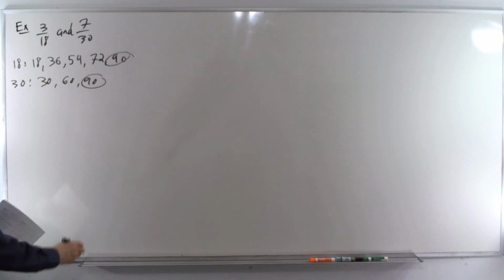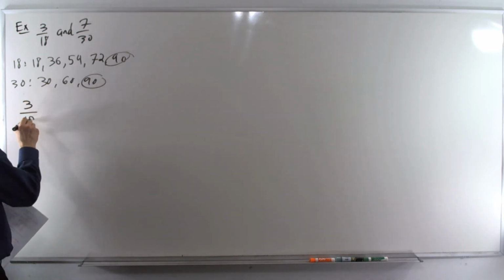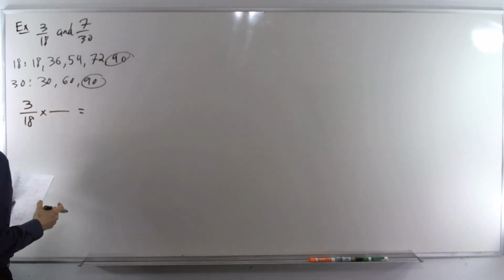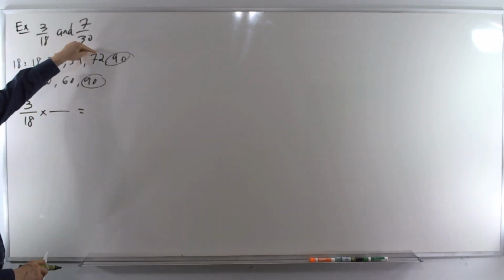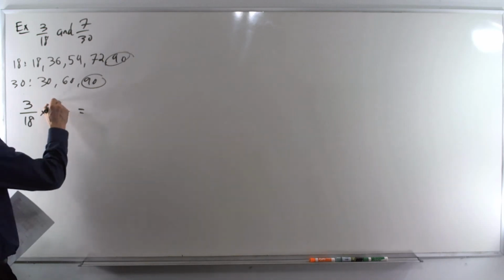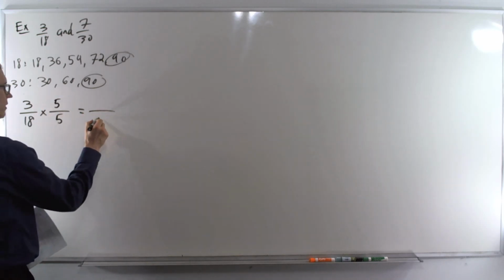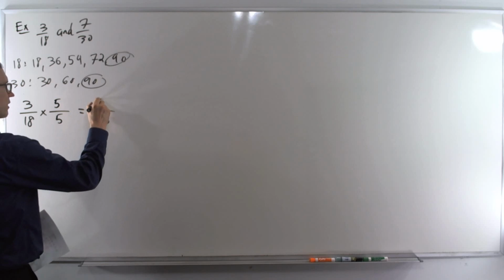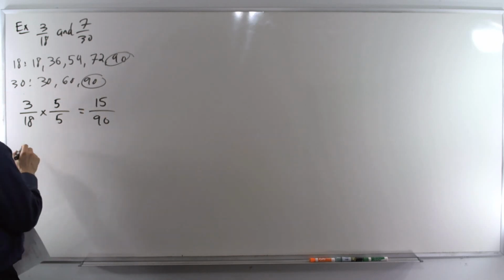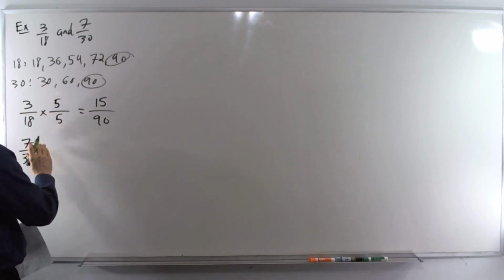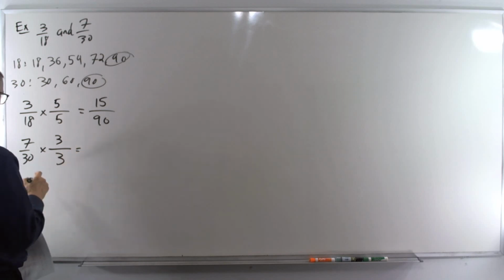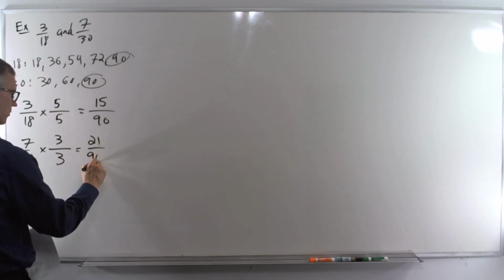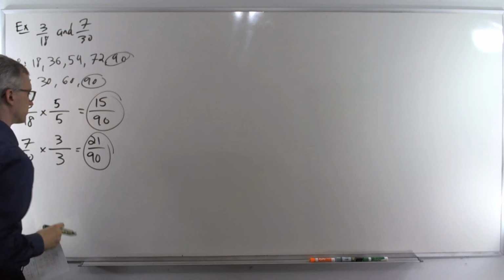First match is at 90. Transforming the first one, 90 is the 1, 2, 3, 4, fifth multiple of 18. So we're going to do 5 over 5. Giving us 15 on top. And for the second fraction, 7 over 30. 90 is the third multiple of 30. And that gives us 21 over 90.